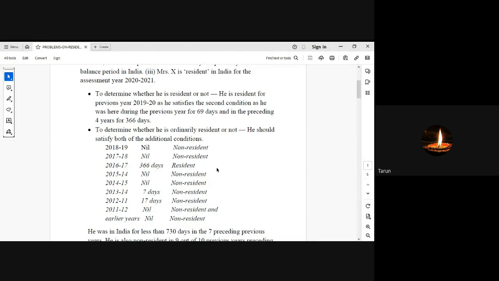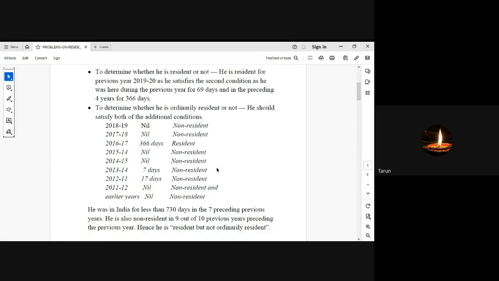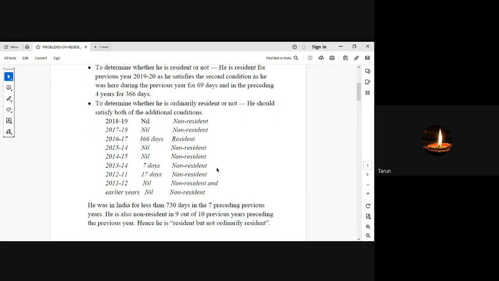No information has been given for 2011-12 and earlier years. Why have we considered these years? Because of the base, to fulfill the basic condition, to know whether X is a resident of India or not. According to the preceding 10 years, no exact information has been given, and this information shows that X has not completed the 730 days, nor the additional conditions, during the seven preceding previous years.